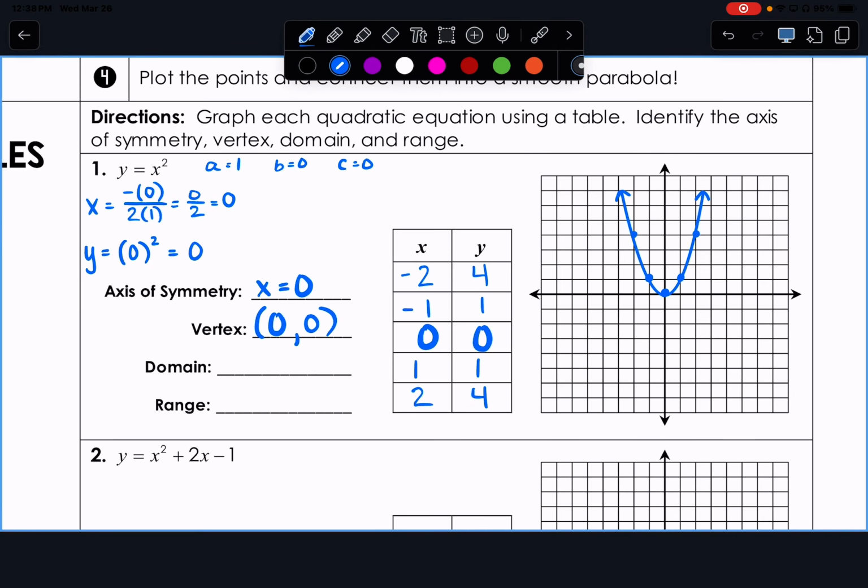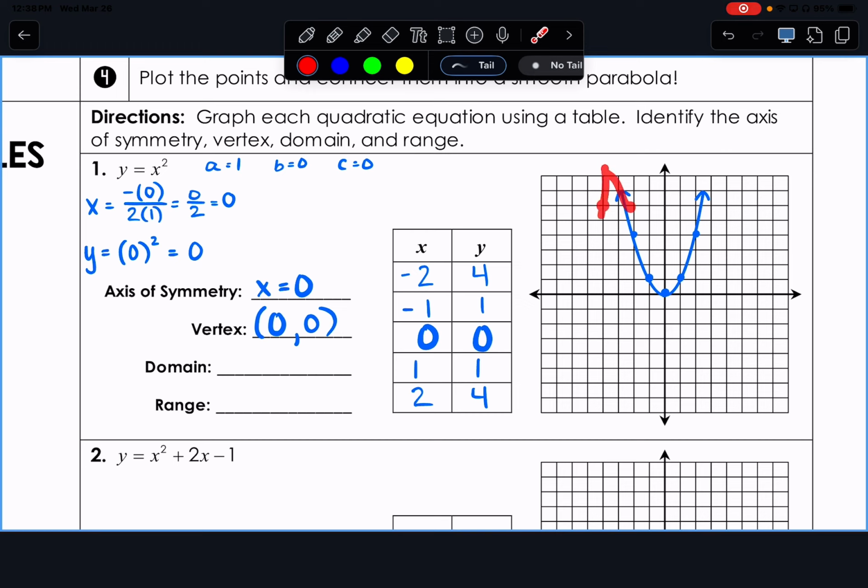Now, domain and range. Domain is the set of all what? X's or Y's? X's. And range is the set of all Y's. So if I look at this graph, X's go left and right. So does this graph, as it goes up, does it go straight up or does it go out? Out. And does anything stop it from going out on either side?